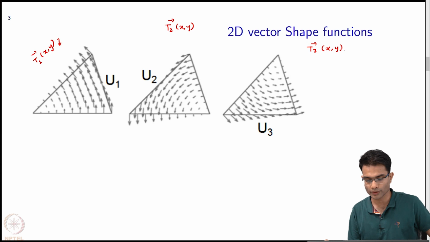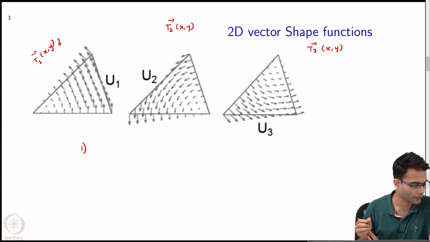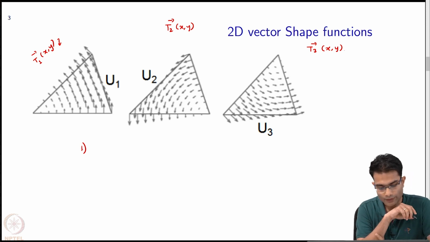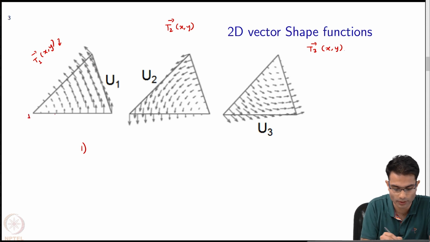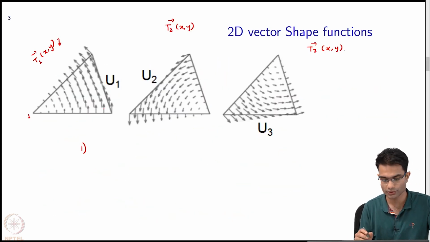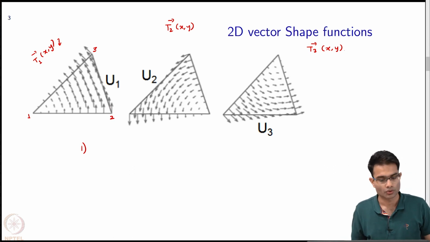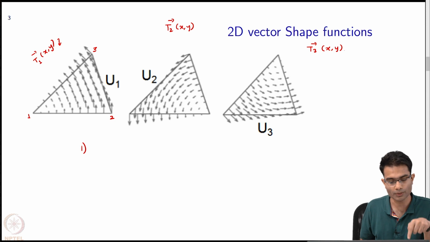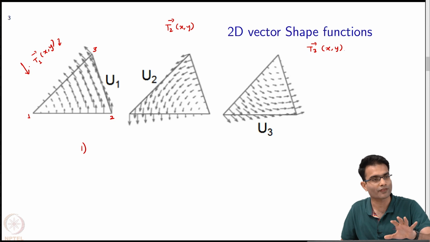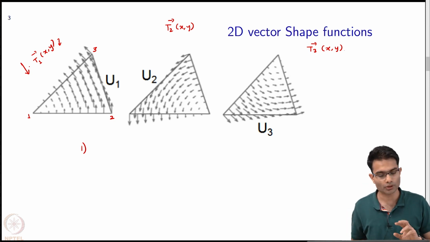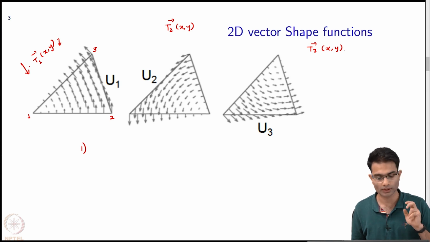So, before we go into that, let us look at some of the properties, okay, two main properties. So, the first property over here is, if I look at, for example, any one edge, let us look at T1. So, remember this was 1 and in our convention this was 2 and 3. Okay. So, when I look at T1, what does the component of T1 along edge 2, 3 look like?